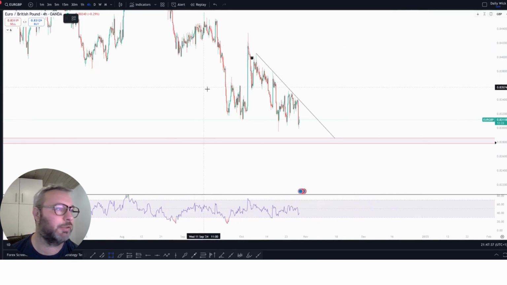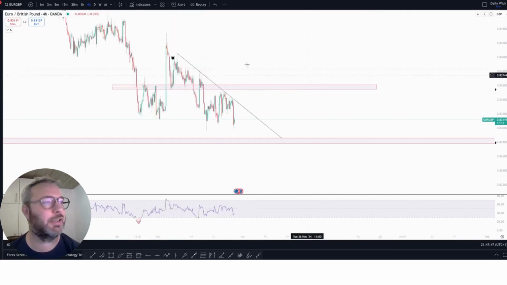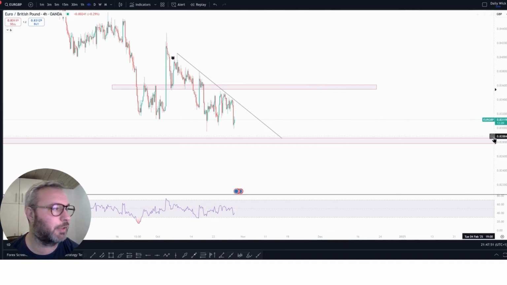It will be here. First support, first resistance and alert there. So basically I'm waiting for a break of the trend line, then it hits the support here, which is a pretty strong support.